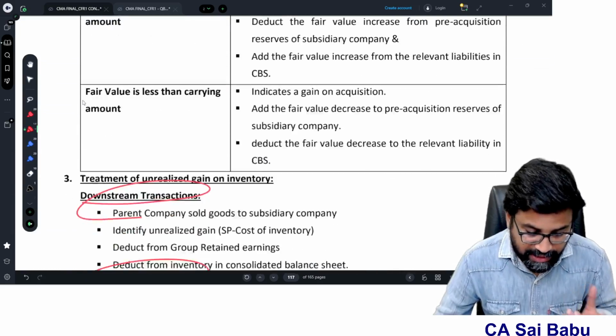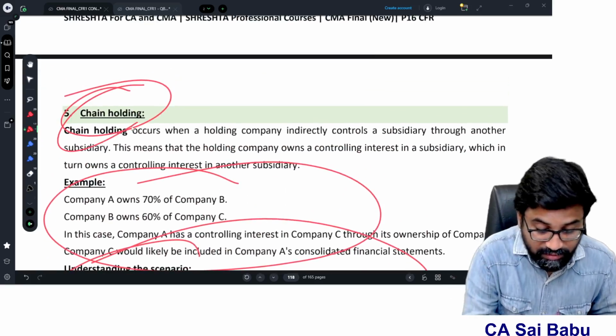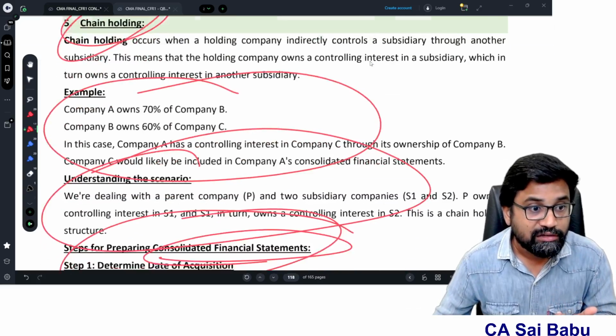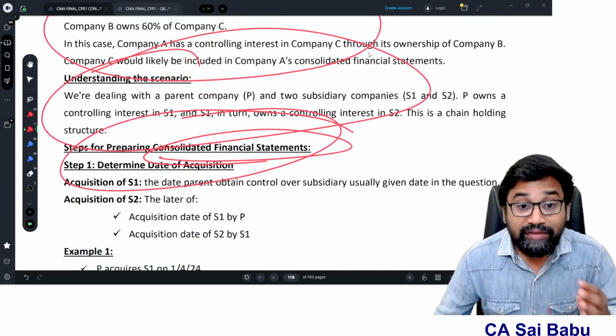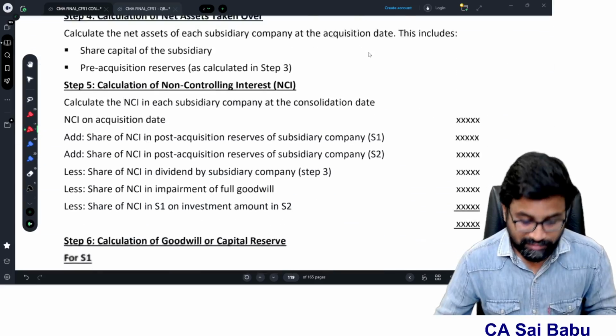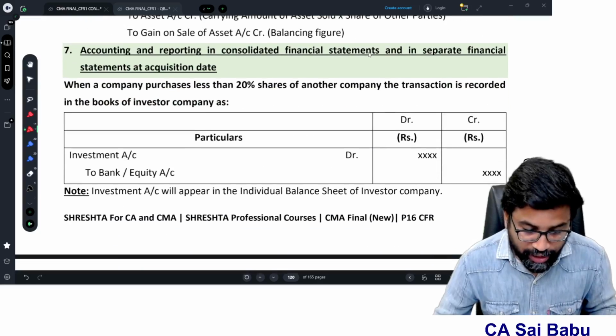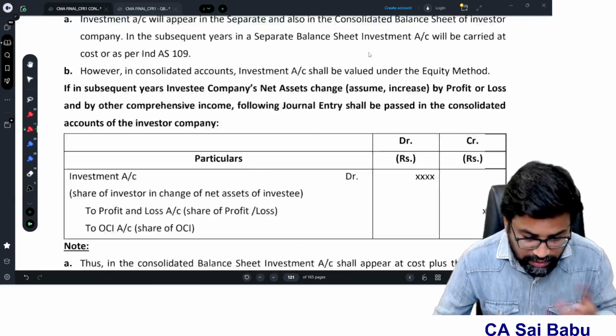And special adjustments, all these things. Now chain holding. What is the example for chain holding? Understanding the scenario, and with this example, what is the accounting treatment in case of chain holding? And what is the accounting treatment for joint ventures? All these things we have covered.